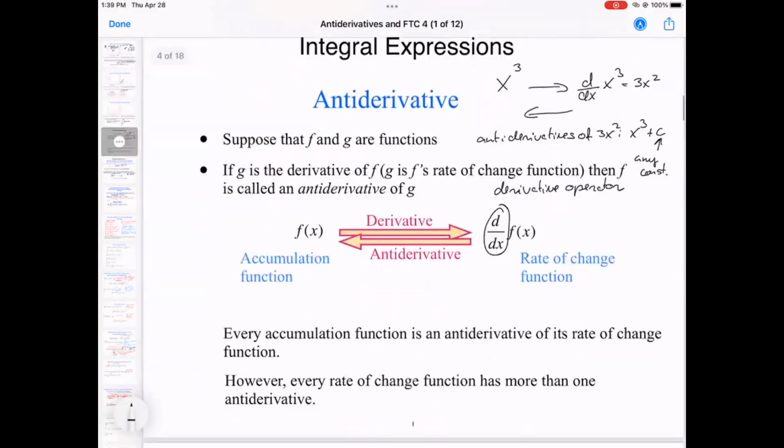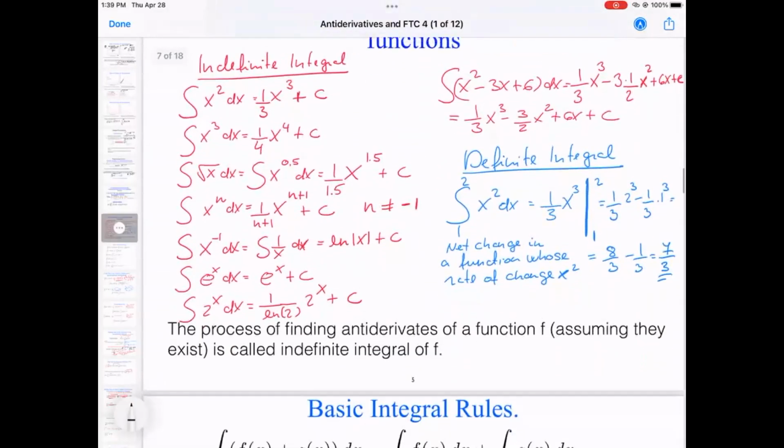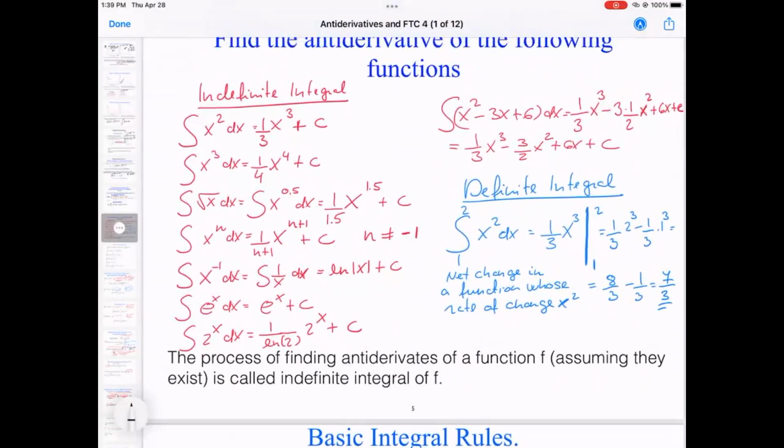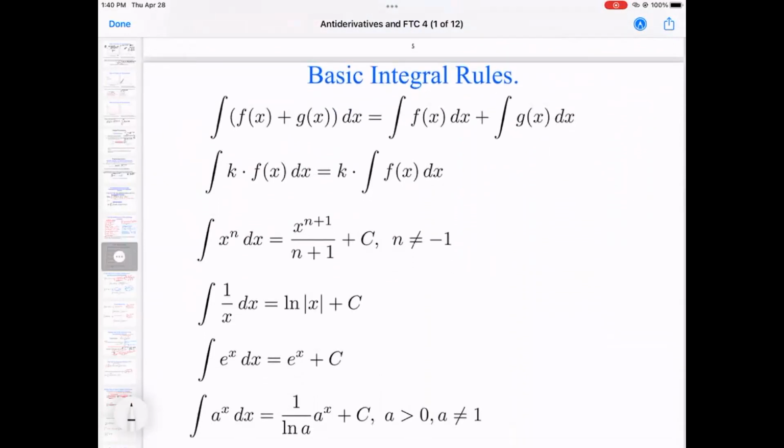And so just let me review it quickly. We started to find antiderivatives for simple functions like polynomial functions, radicals, x to the n, and we said, well, here are the basic integral rules. And this naked integral sign means that you're finding the antiderivative. That's an operator symbol, right?